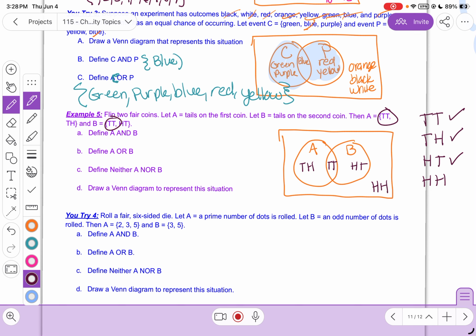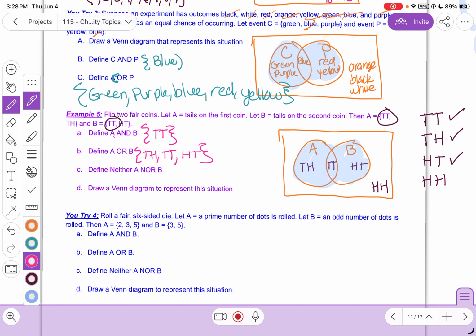So there's our Venn diagram. So A and B is tails, tails. A or B is that whole thing. So tails, heads, tails, tails, or heads, tails.